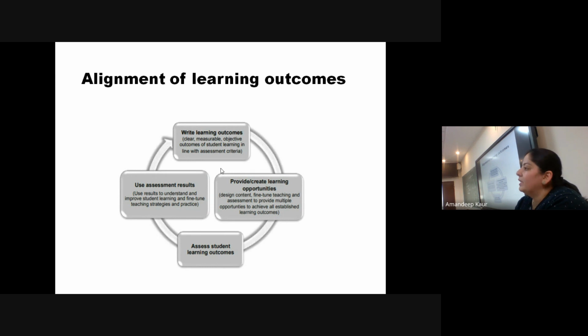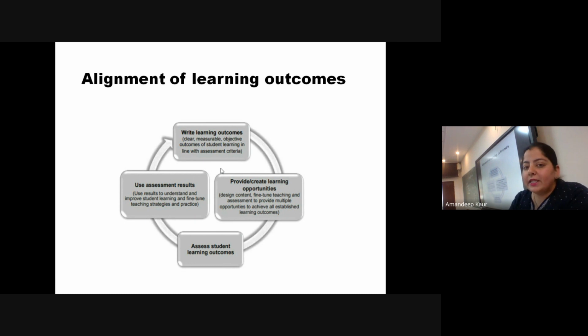Those learning outcomes need to be mapped with course and program outcomes. Who is going to define program outcomes? It is the overall agency or the apex body that gives different program outcomes. So learning outcomes need to be mapped with those program outcomes, and it is always as per the curriculum given.